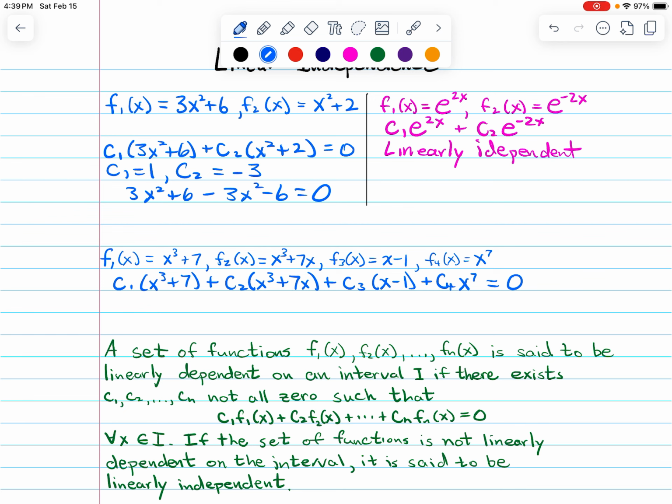What if I just have C1 equal to 1? And then what if I have C2 equal to negative 1? And then what about C3? Well, maybe I could have that equal to 7.